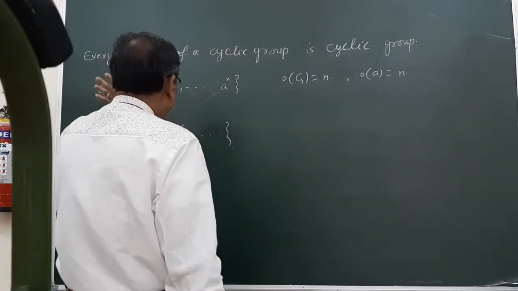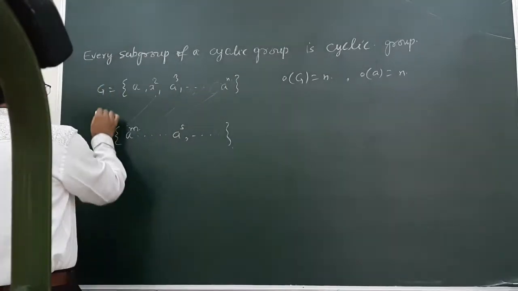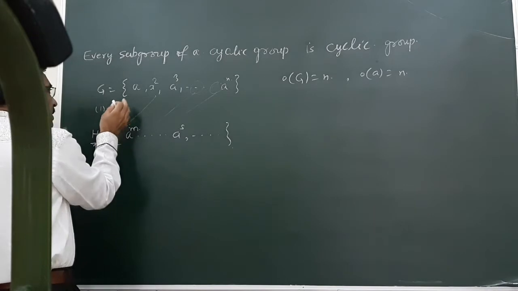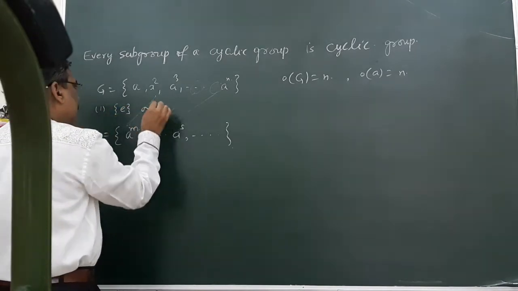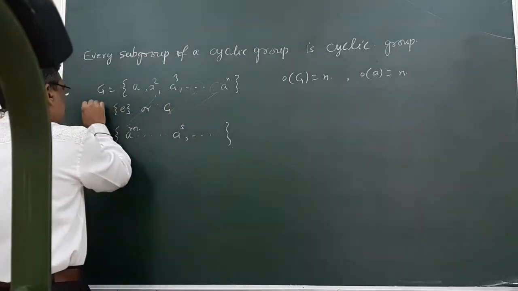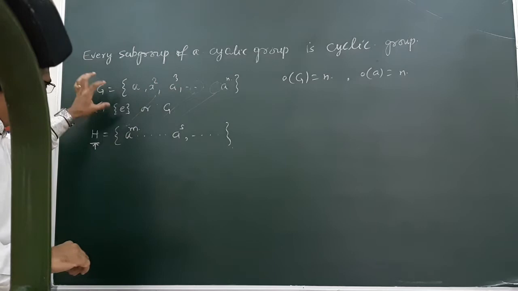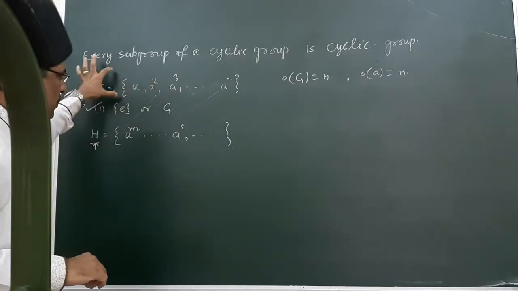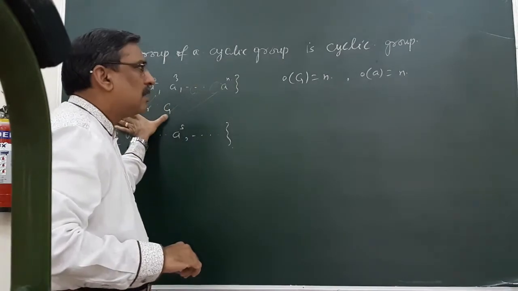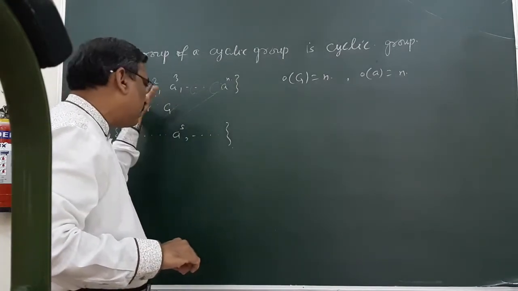Now, here we may see two possibilities. Either the subgroup is the identity or G itself. These are improper subgroups. Since this is already a cyclic group, these two are cyclic subgroups automatically.